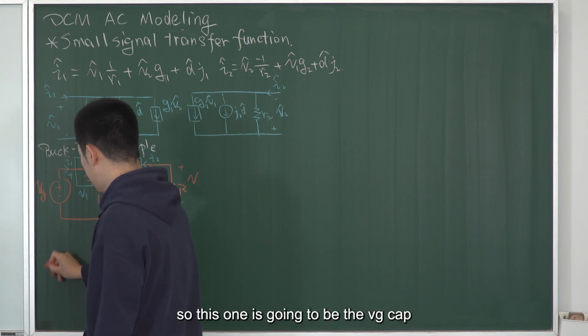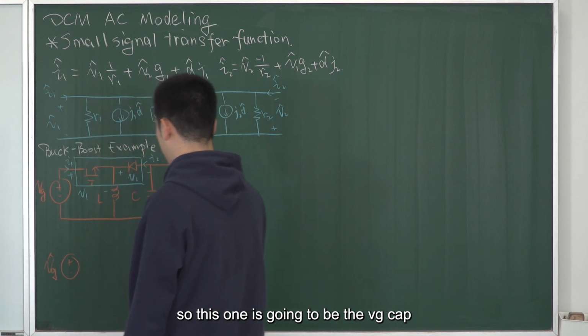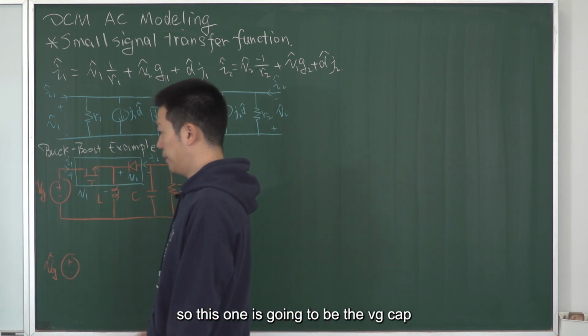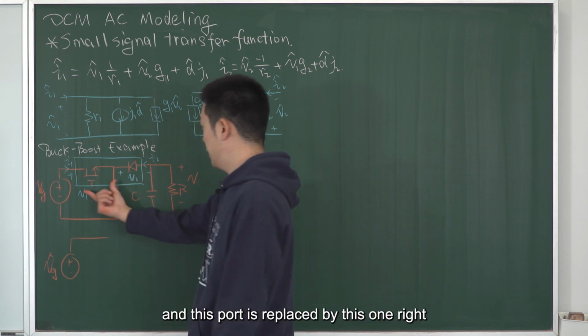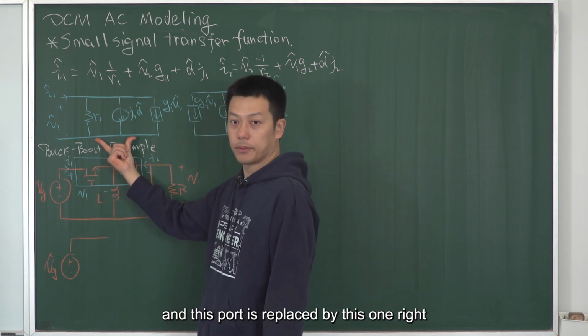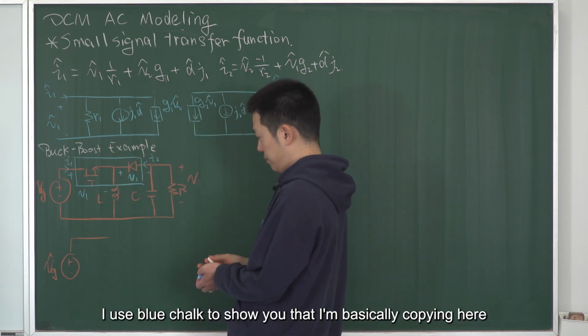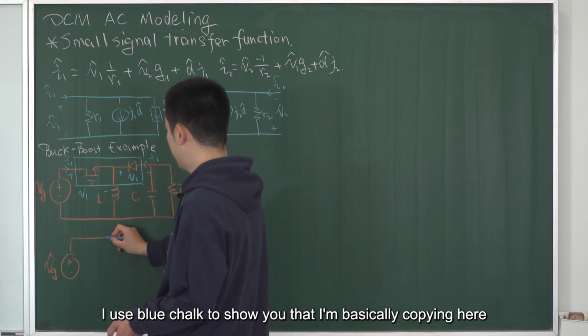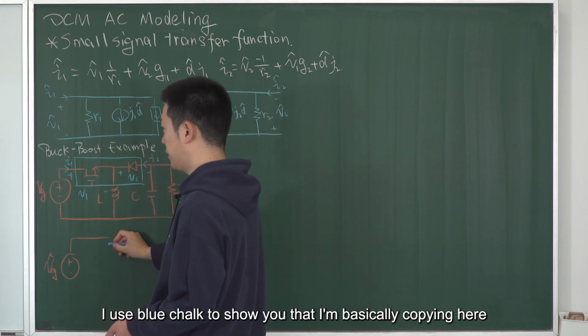So this one is going to be the VG cap. And this port is replaced by this one, right? I use a blue chalk to show you that I'm basically copying here.